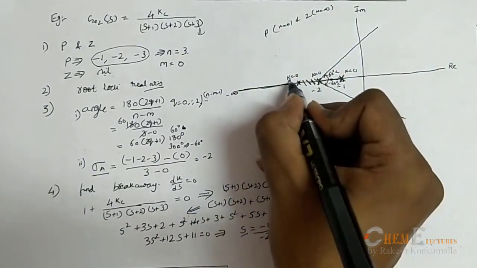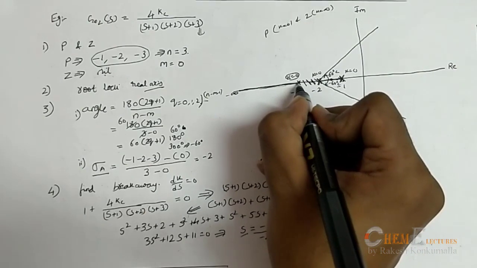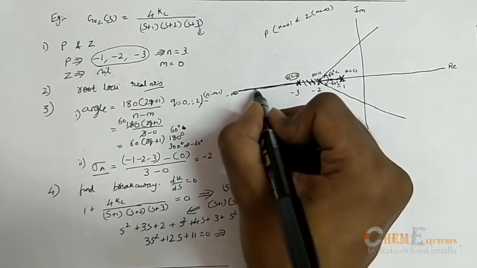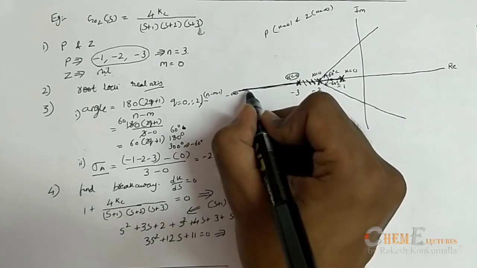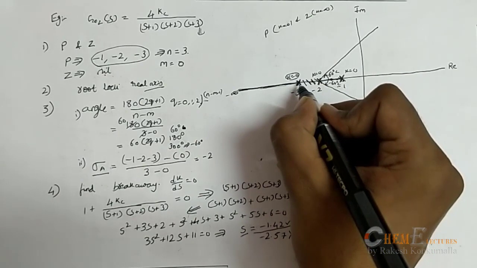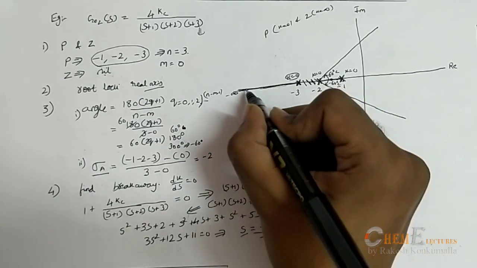Now my first root loci originates from the pole and tends towards the zero, and root loci originate from poles and tend towards infinity.